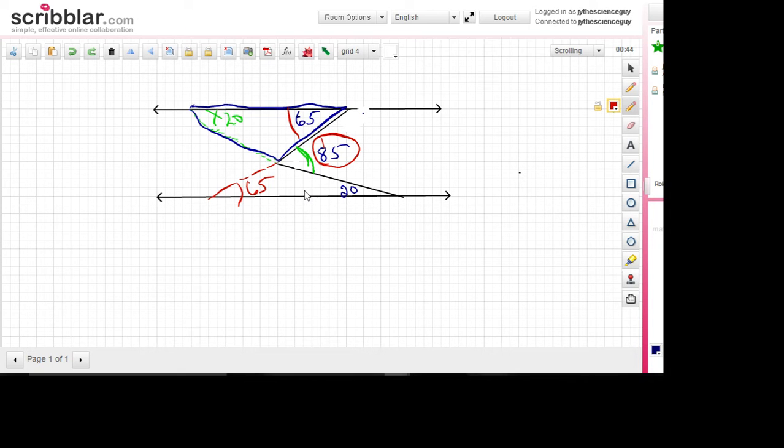So here are some of the triples that you're going to see. 3, 4, 5, 5, 12, 13, 8, 15, 17.